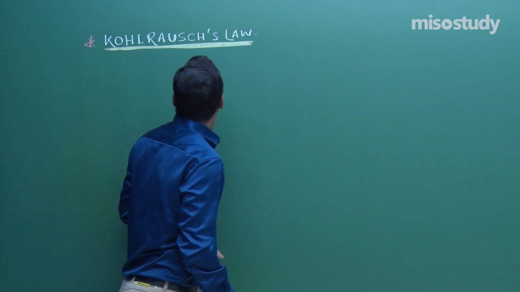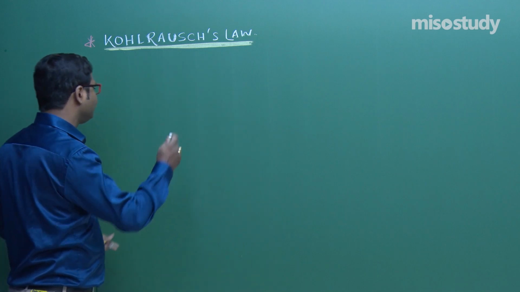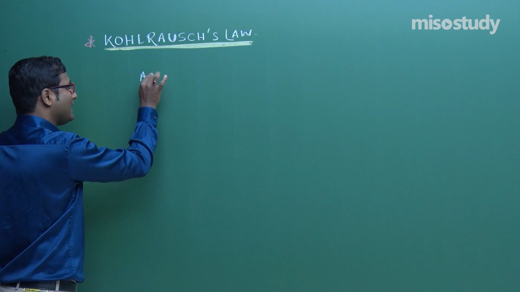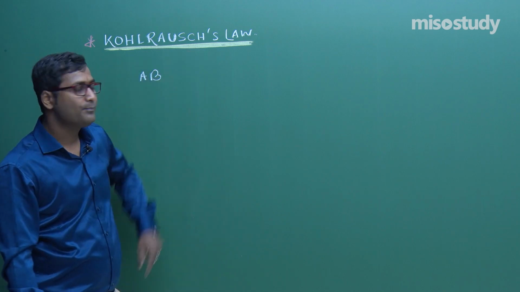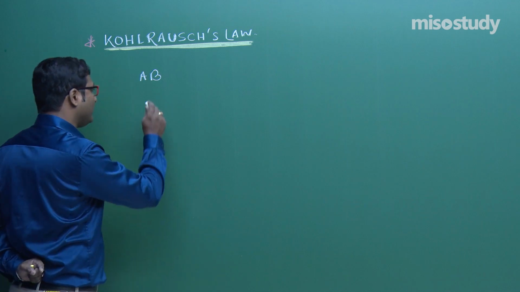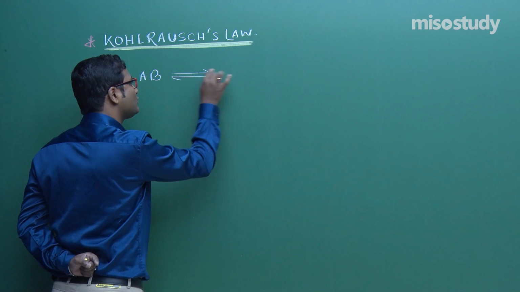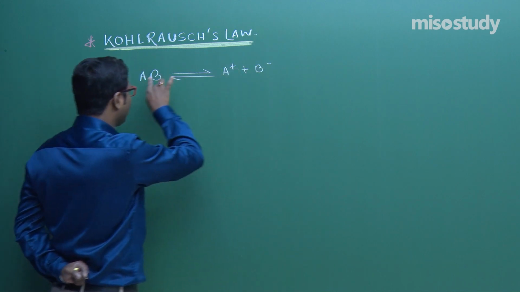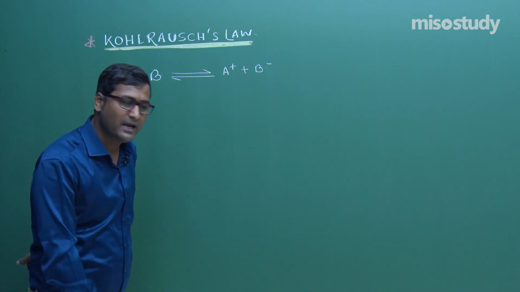Clear? What is given here? Listen carefully. As we know, at infinite dilution, suppose there is an electrolyte AB. Listen carefully to what this law tells. At infinite dilution, the electrolyte dissociates completely. That is the ideal concept. If I take electrolyte AB, it will dissociate like this, A plus and B minus.